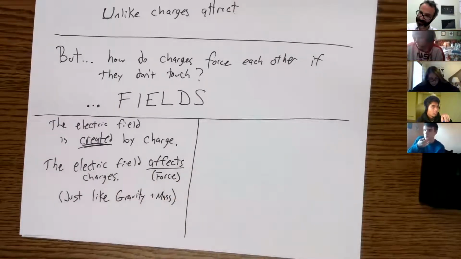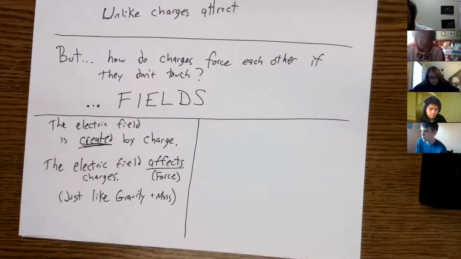Mass creates a gravitational field. We know the Earth's gravitational field comes from the Earth's enormous mass, and gravitational fields also affect mass. They pull mass towards other mass. It's the same idea, and the equation is almost identical, as we'll see.